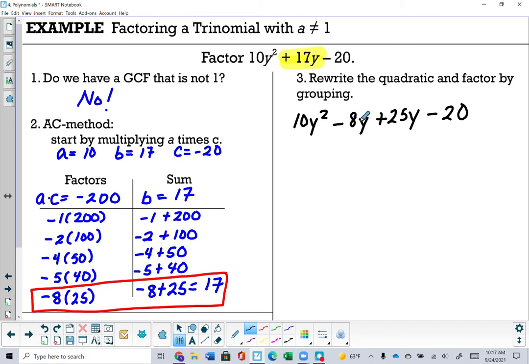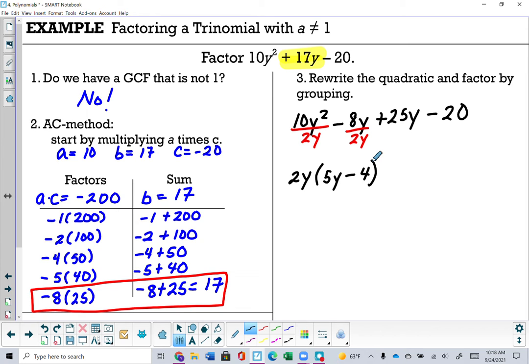So I'm going to take the first two terms as a group. 10y squared minus 8y. The GCF of that between 10 and 8 is 2. And then y squared and y, so we just have y. So divide this by 2y and this by 2y. So 10y squared divided by 2y gives us 5y, minus 8y divided by 2y is just 4.